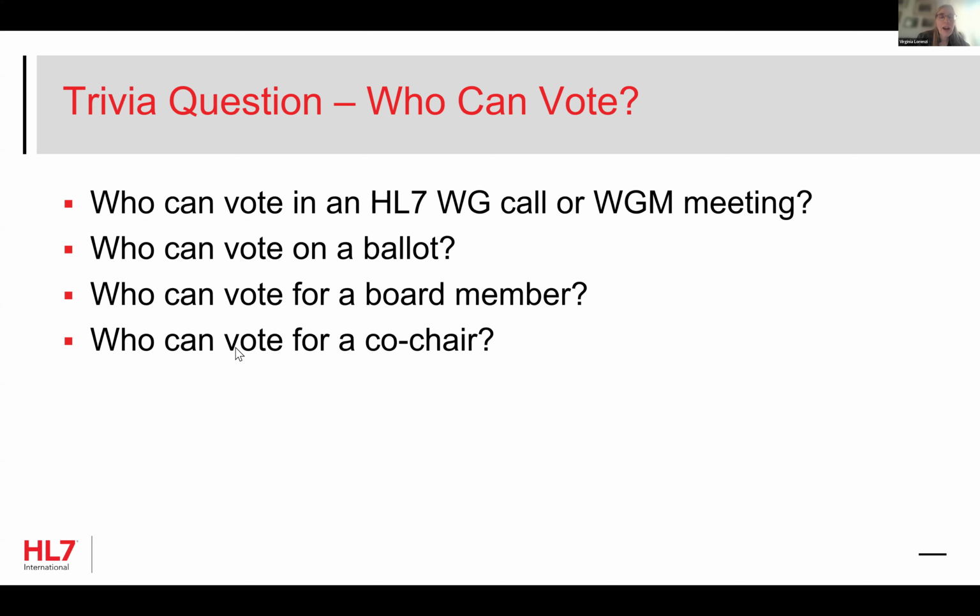The way you would vote in a work group is you need to be signed on the email list server. You don't need to be an HL7 member. You just need to be signed up on the list server for a particular work group to be able to vote for a co-chair and to be considered a participant in that work group.